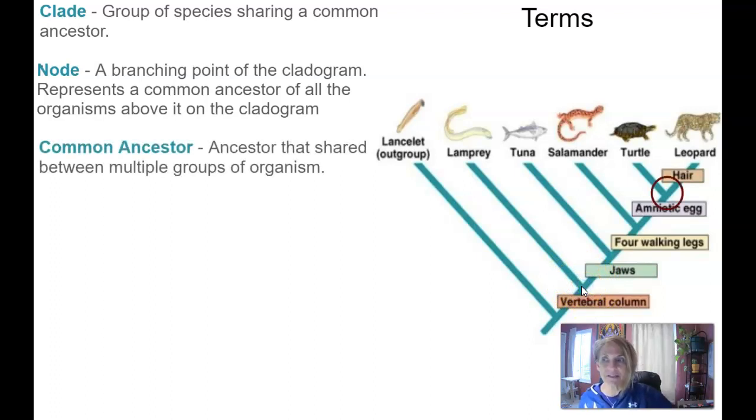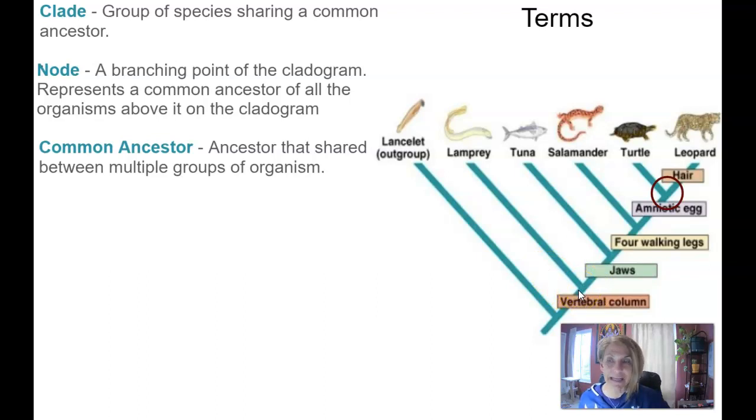So a common ancestor is just an ancestor that's shared between more than one group of organisms. So like the turtle and the leopard both share this common ancestor here. All of these clades, the lamprey, the tuna, the salamander, the turtle, the leopard, they share a common ancestor here, right? They all branch from this point.